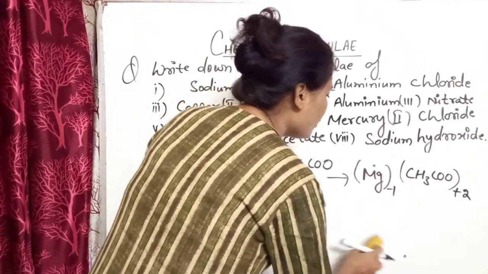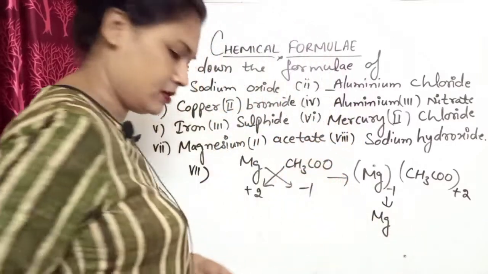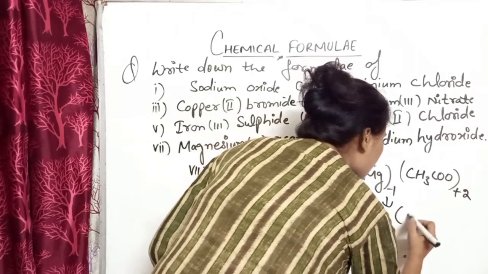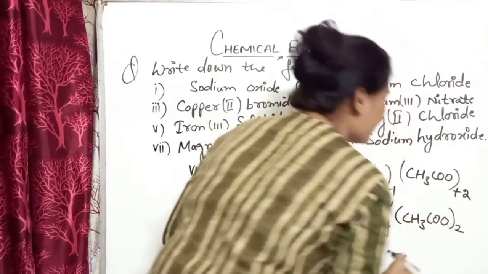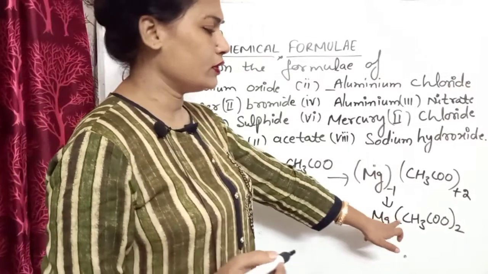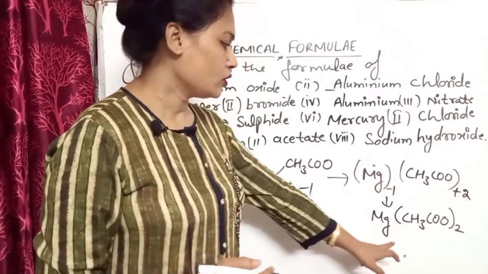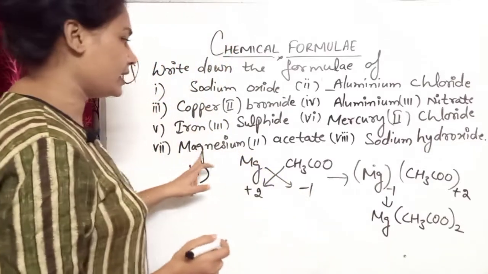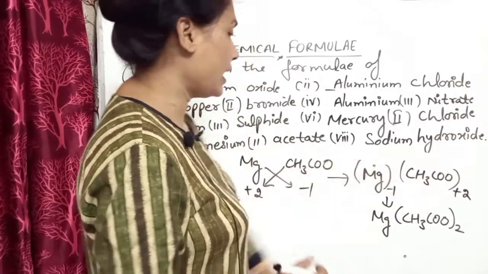So our formula becomes Mg(CH3COO)2. We should not remove the bracket here because it is a polyatomic ion. So this is the formula for magnesium(II) acetate.